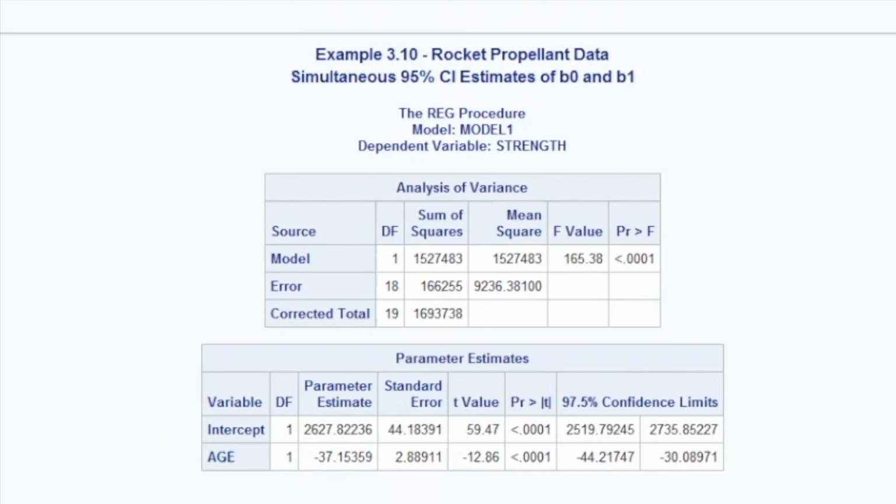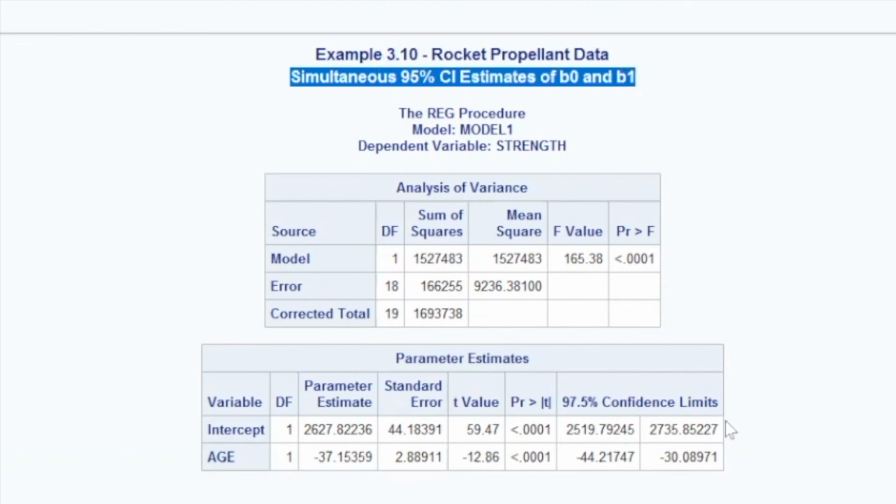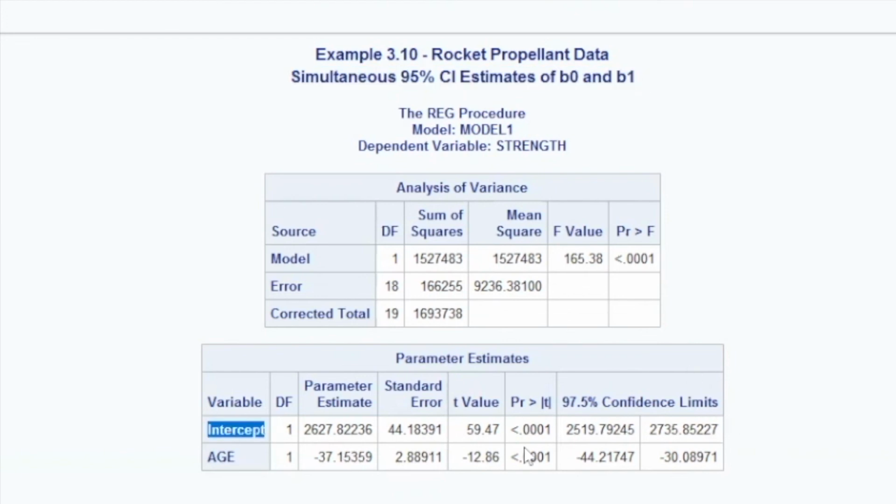Similarly, we are 97.5% confident that beta 1 is somewhere between negative 44.21747 and negative 30.808971. But jointly, we are 95% confident that beta 0 is between those two values and beta 1 is between these two values.